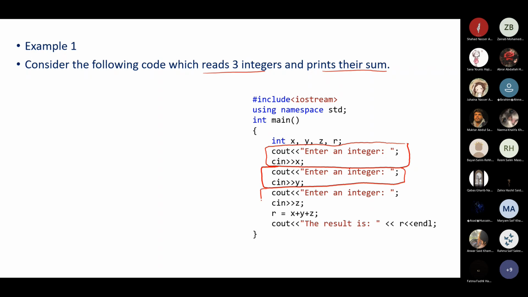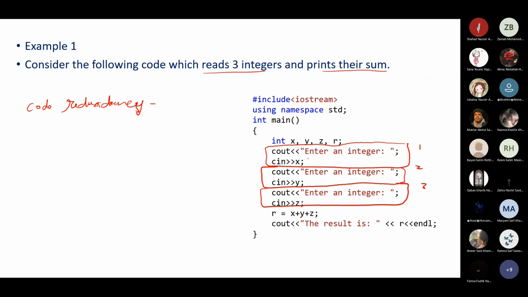This is the first time, this the second, and the third time. 1, 2, 3. So this is called code redundancy. It means repeating the same code more than once.